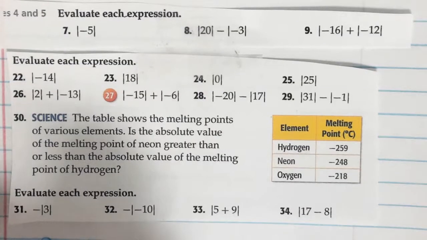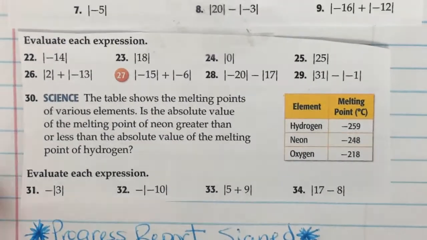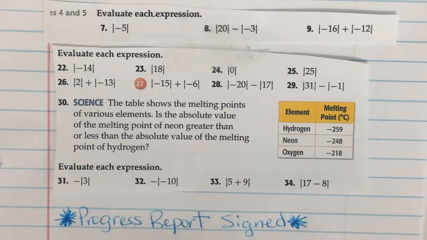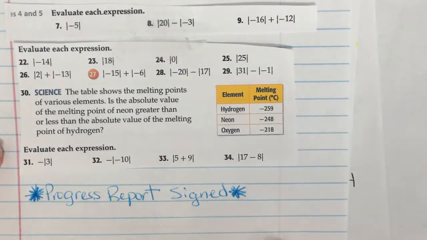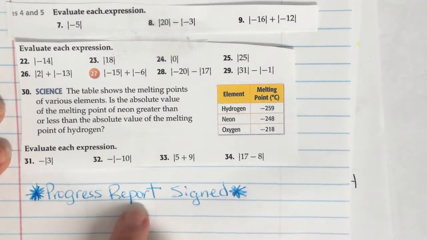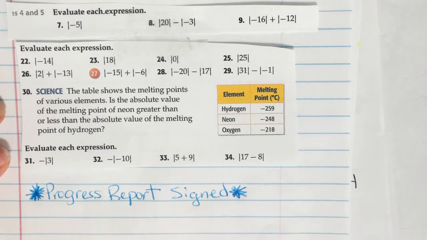I love you guys, but I don't care if you have an A or an F, because I don't want to pick on anybody. But what I mean by that is I'm not just going to pick bad grades. I'm going to pick everybody. Okay? I need the progress report signed. You've got all your graded work, everything you've got in your binder and all that.